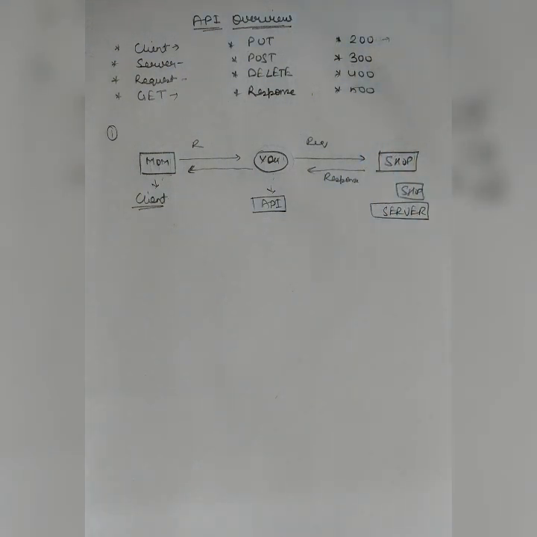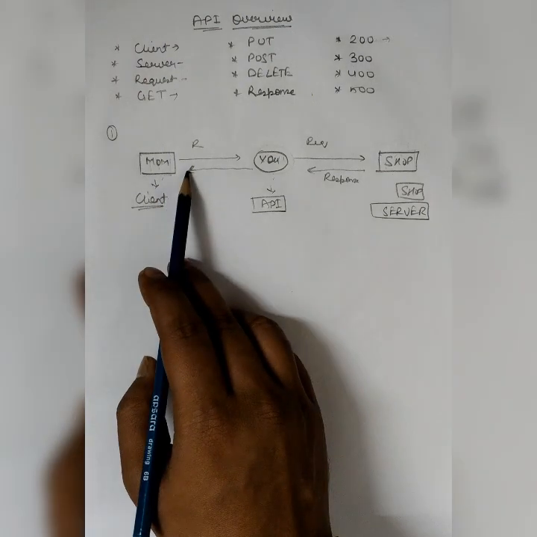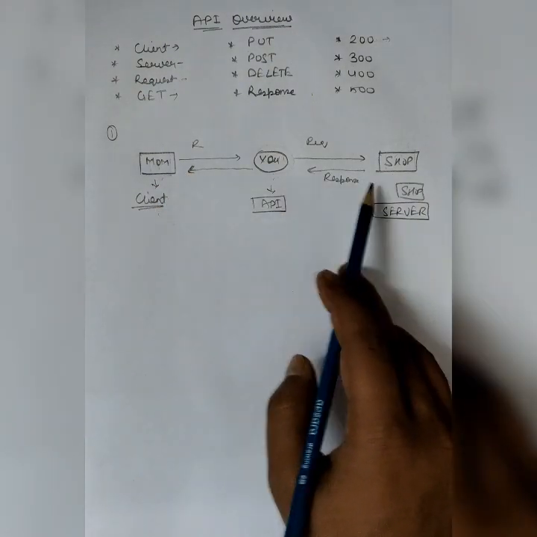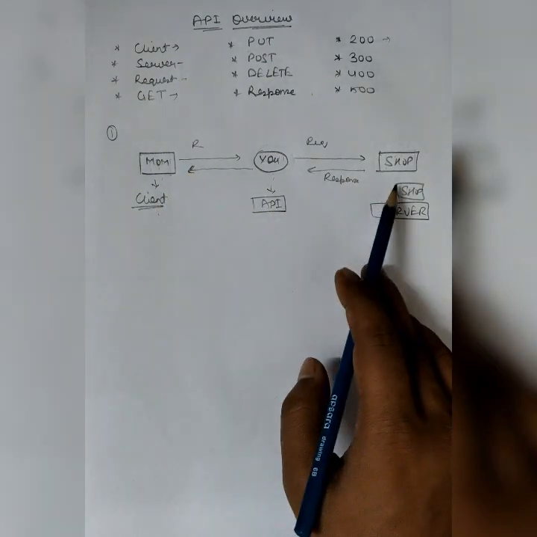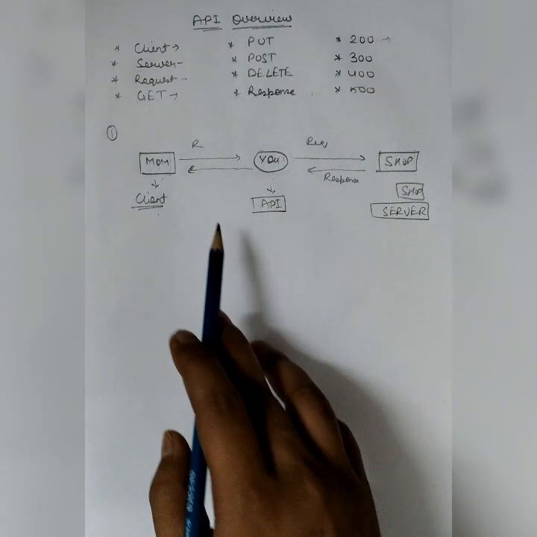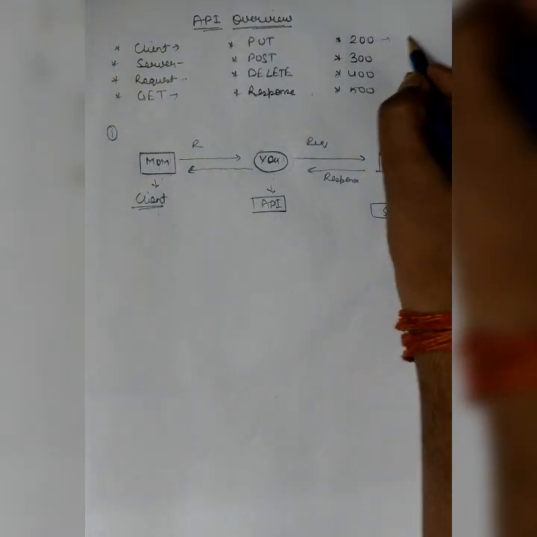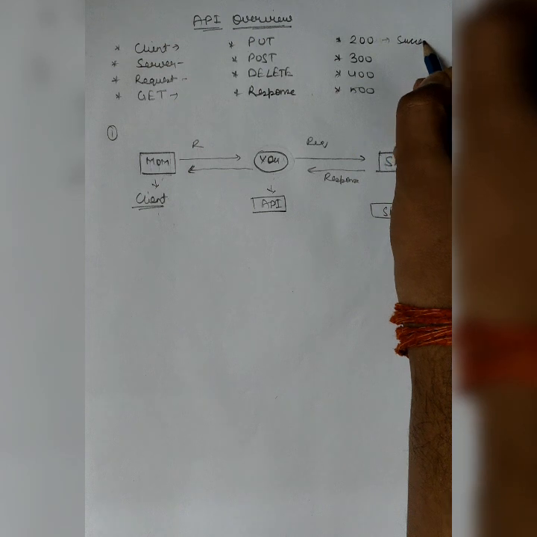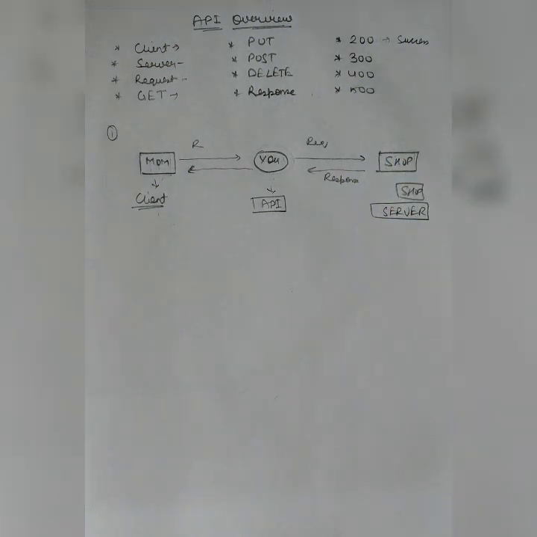Why do APIs have different status codes? It's to differentiate between the different kinds of response we get from the server. If the request made by the client is successful, or if the server has given you a response, in that case it is a success, and the code is 200. So 200 means success.